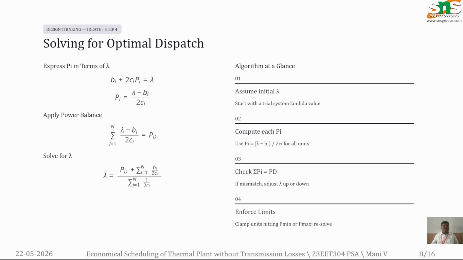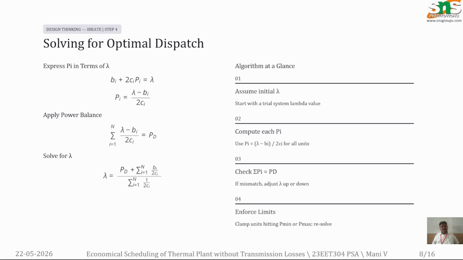For solving the optimal dispatch, express P_i in terms of lambda: b_i + 2c_i P_i = lambda. Therefore, P_i = (lambda − b_i)/(2c_i). By substituting the value of lambda and the coefficients b_i, c_i, we can determine the power generated from the ith unit, and apply the power balance equation, generation equals demand.